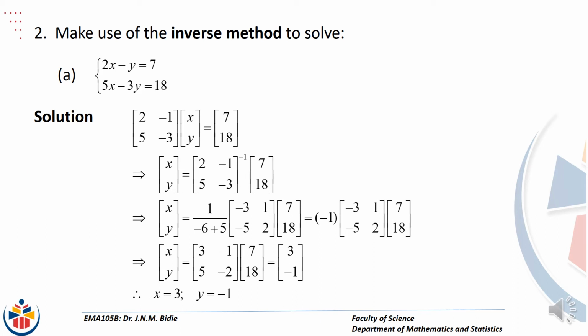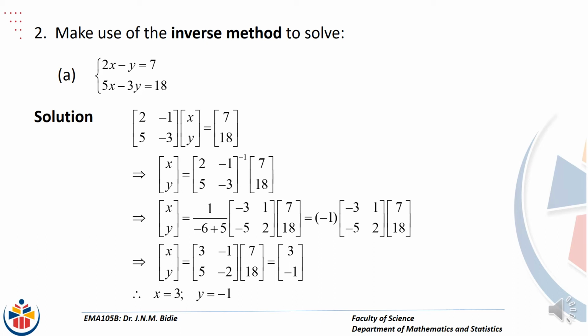Now question 2 is asking us to use the inverse method to solve the system. Remember that we first have to find the inverse of the coefficient matrix. So let's do this.